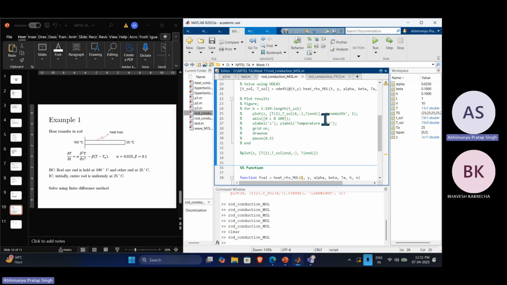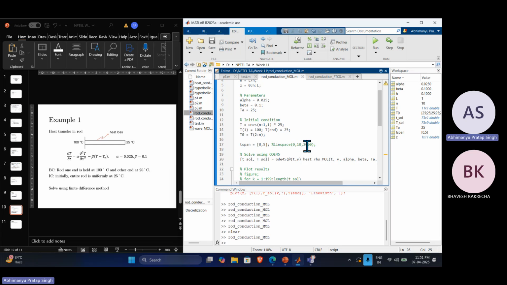Initially, for the same 0 to 5, I was getting 2000. If I don't give these values explicitly, then it takes only 73 time steps inside the ODE45.